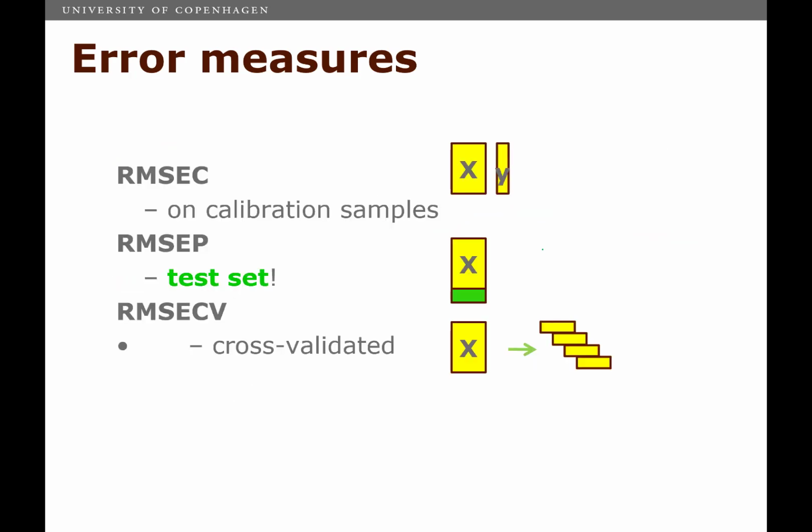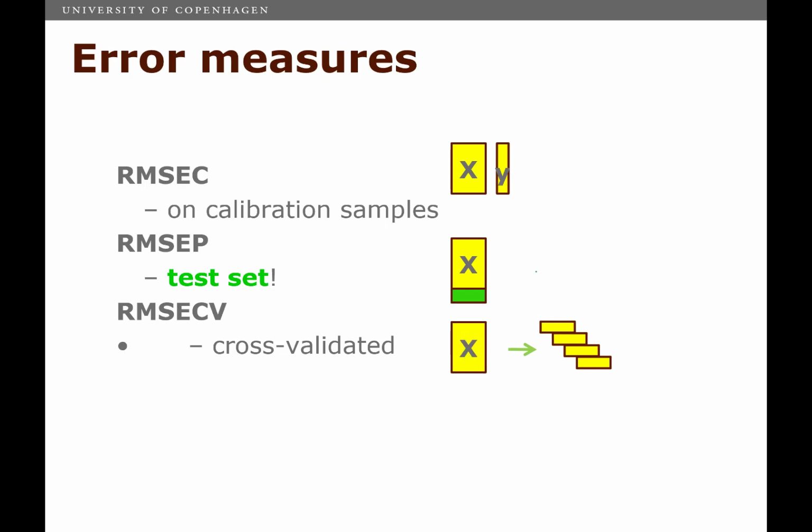Now, that's the reason why very often we do not use test set validation, but instead we use cross validation. The idea in cross validation is more or less to do test set validation, but do it on each sample, so to speak. So I'm going to remove some samples, build a model on the remaining ones and do test set validation.